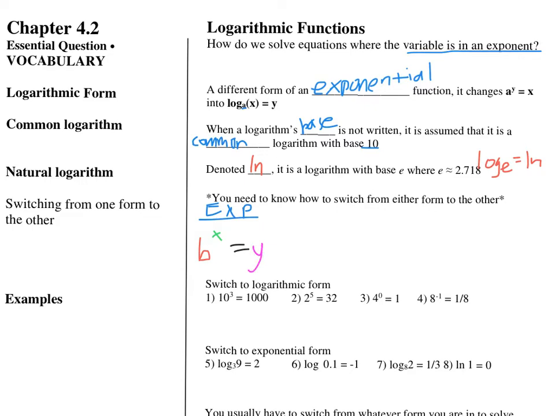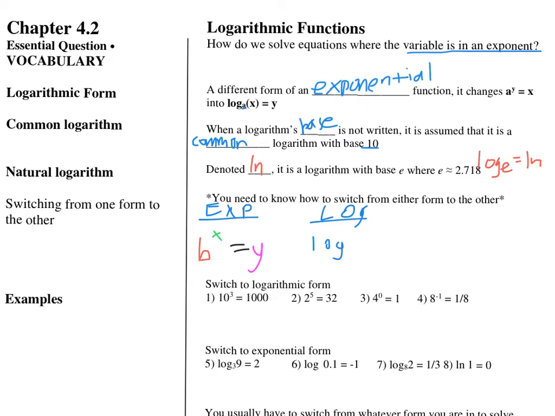Okay, and so when we switch that to the logarithmic form, so let's switch this to log form, we're always going to write the word log. That's the essential part of a logarithmic equation, is that we literally write the word log. Obviously, the word log is not in the exponential equation because it's not a logarithmic equation. Now, every log has a base. Like we said, it's a little subscript.